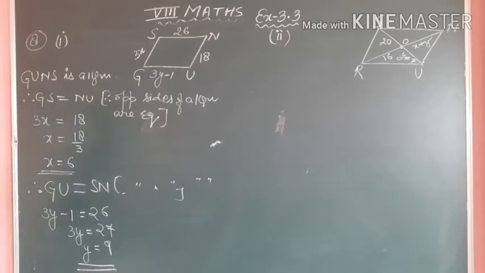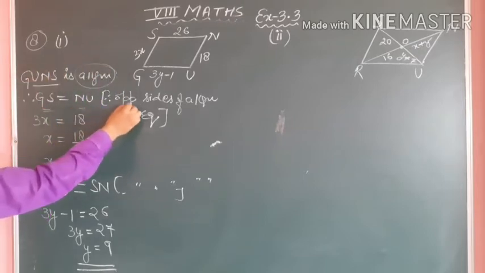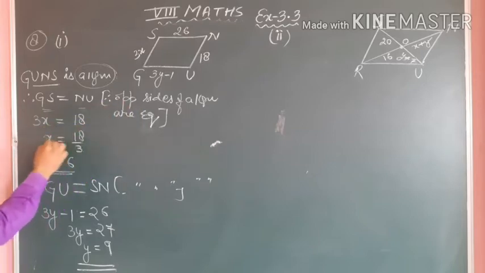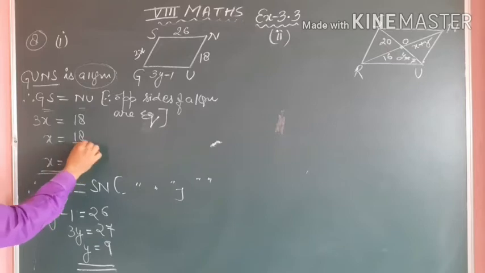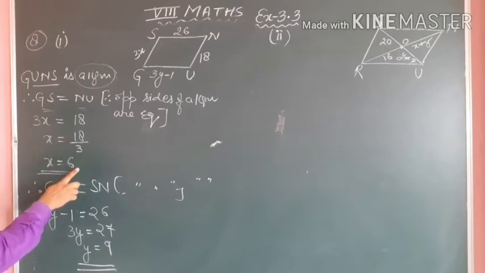Okay students, here we have found the x and y in question number first, which is the part of 8. GUNS is given, so GUNS is a parallelogram. GS is equal to UN because opposite sides of parallelogram both are equal. Then when we put this 3 on the other hand, it will become divide, and when we divide it, it will become 6.